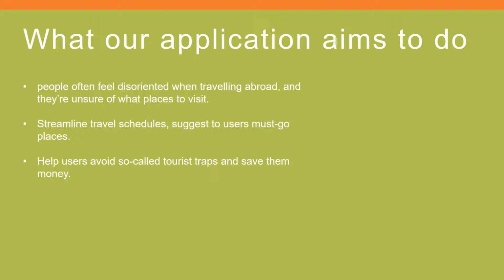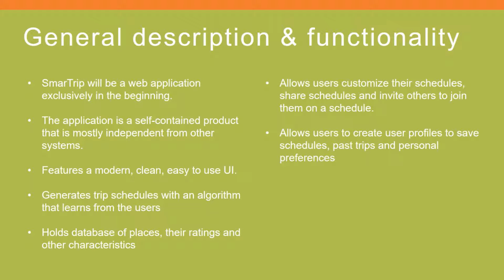Our application will have streamlined travel schedules and will suggest to the user which places they must go based on their preference. It will help users avoid the so-called tourist traps and help them save money in all aspects. In the beginning, SmartTrip will be a web application only.